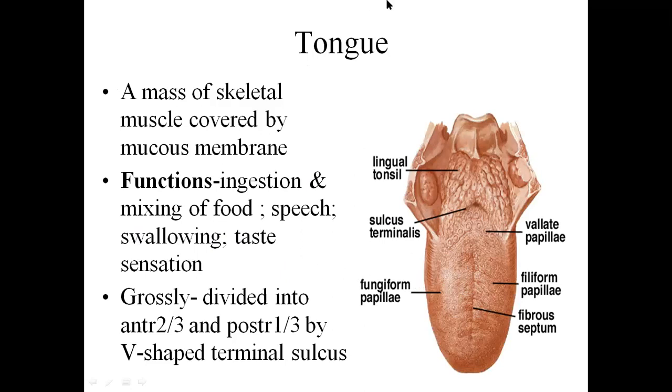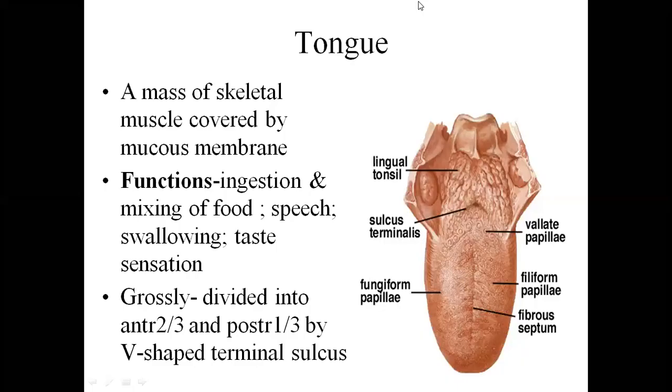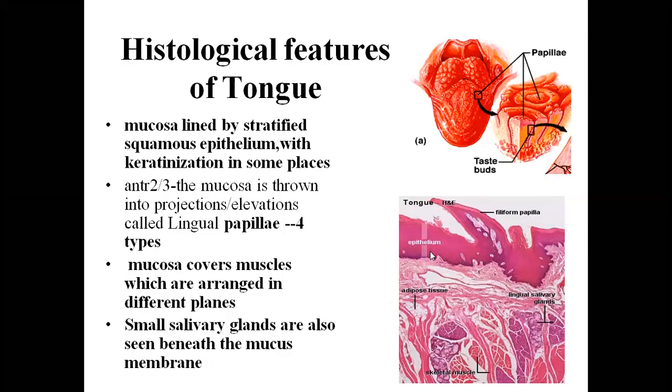So, a small review of gross features. Grossly, the tongue is divided into anterior two-thirds and posterior one-third by this V-shaped sulcus called the sulcus terminalis.